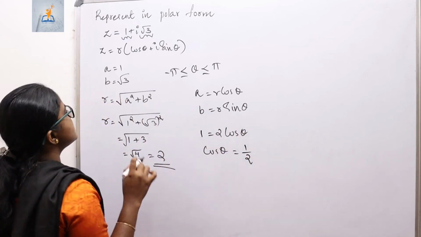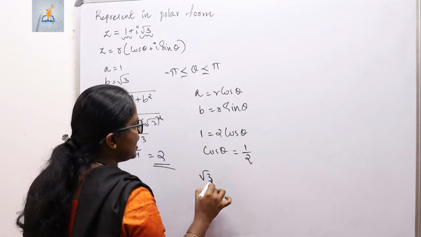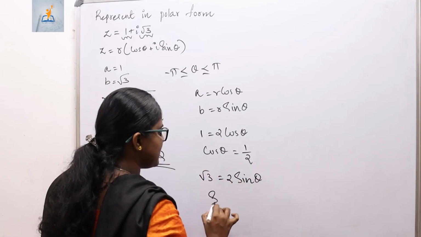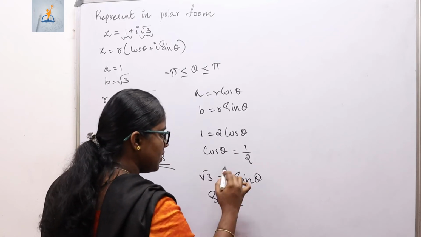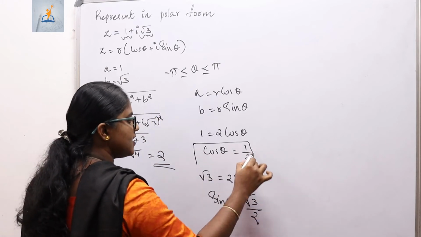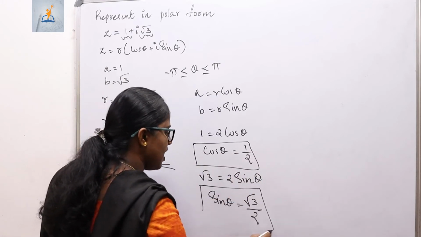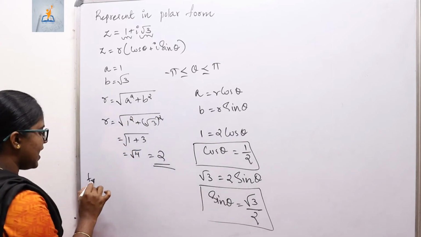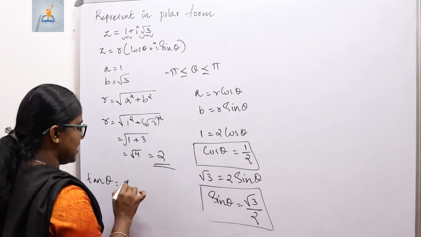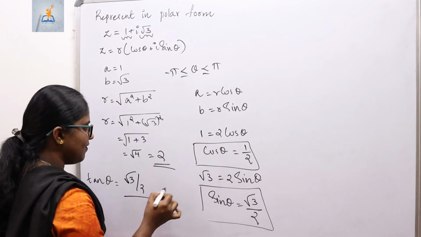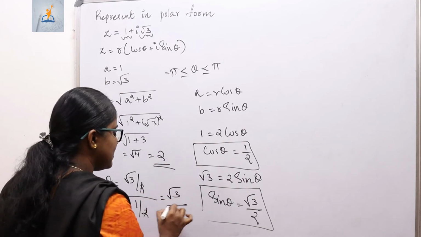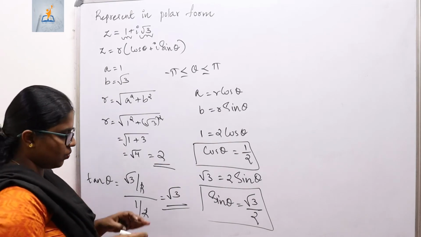Again b is equal to r sin theta, that is root 3 is equal to 2 sin theta, which means sin theta is equal to root 3 by 2. We know that tan theta is sin theta by cos theta, that is root 3 by 2 divided by 1 by 2. So the 2 and 2 get cancelled and we get tan theta is equal to root 3.